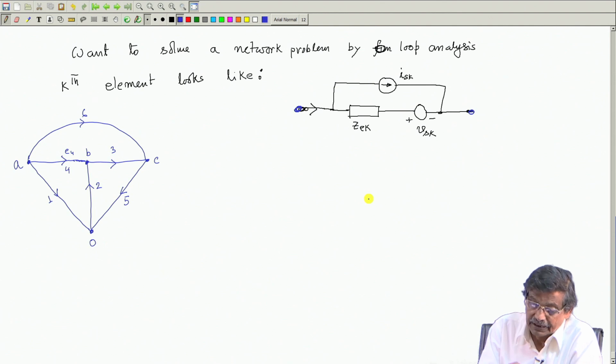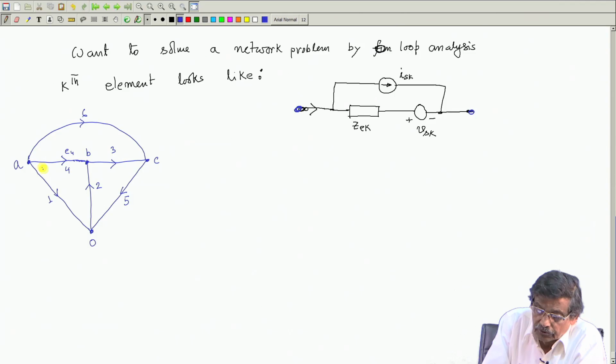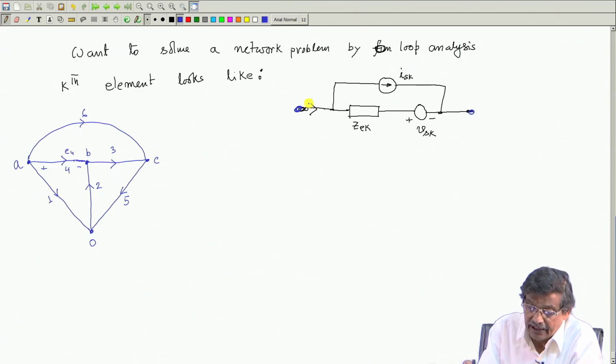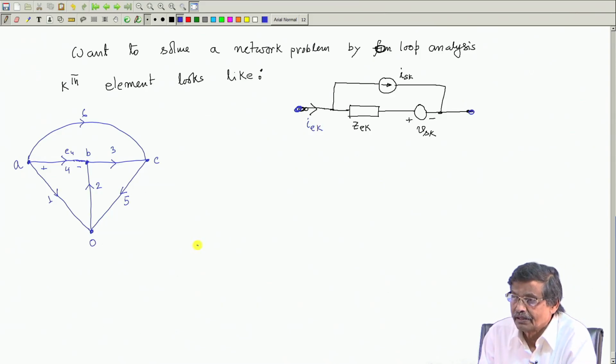Now, for a particular branch, say k equal to 4, this is the arrow. The polarity of the voltage will be plus minus, this E4 voltage, and IE is this current, IEK. This you must understand.